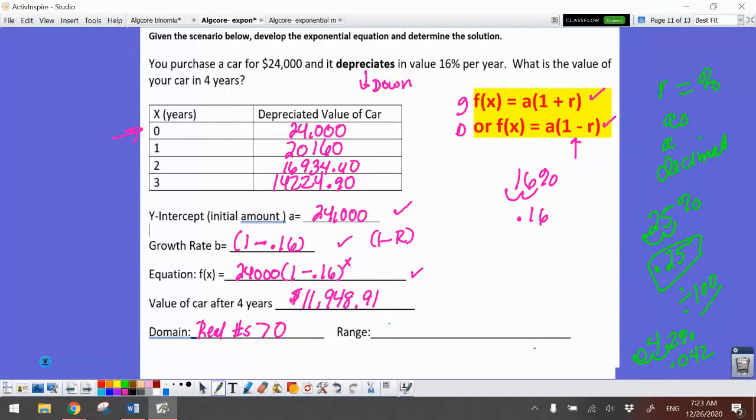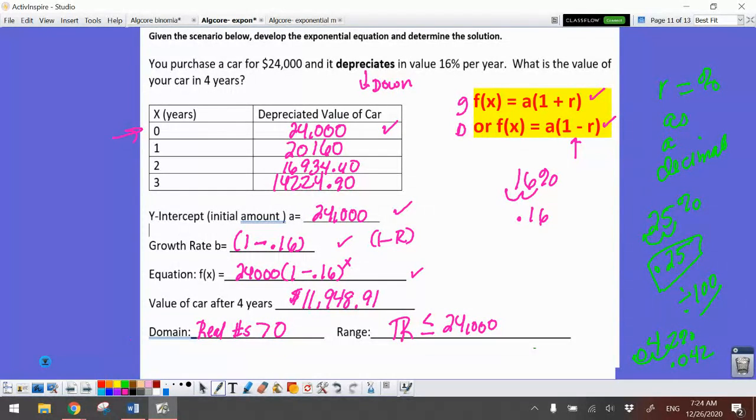That is my starting point. I am not going to have anything that is negative in my domain, because it doesn't make any sense to have negative years. My range, well, it's got a top. It's starting at 24,000. So my range is going to be real numbers less than or equal to, because it can be equal to $24,000.